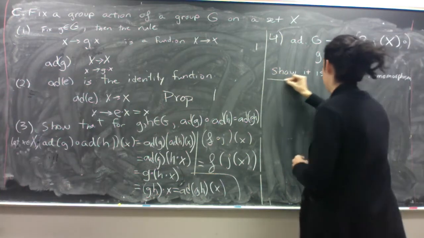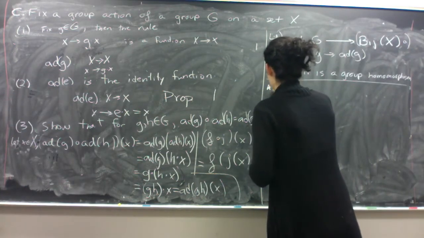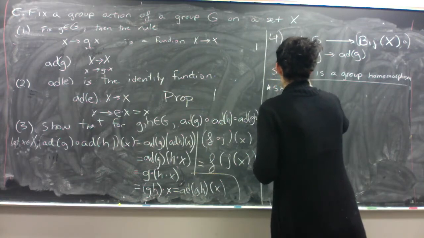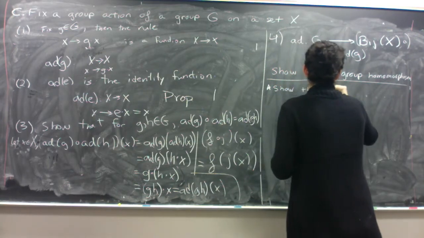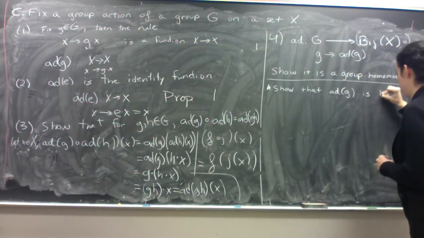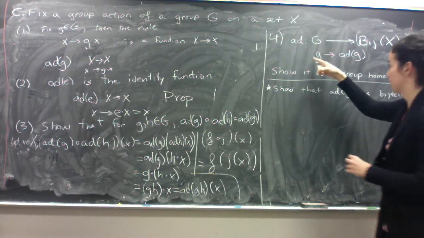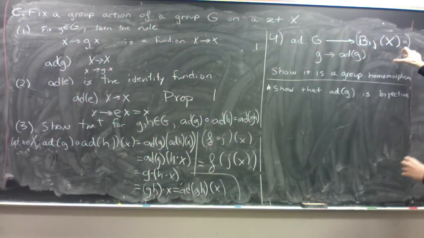Okay, so let's outline what we need to do. The first thing we're going to do is show that add g is bijective, for all g, because for every g it has to lie here.